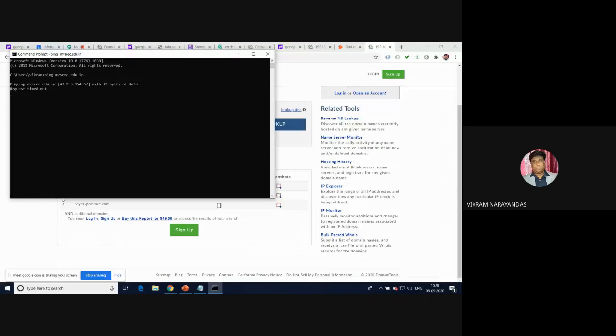It's pinging. The first packet timed out. Okay, you can get the IP address here. The statistics. These are all public IP addresses, 43.255.154.67. Okay, you can notice it is the same.